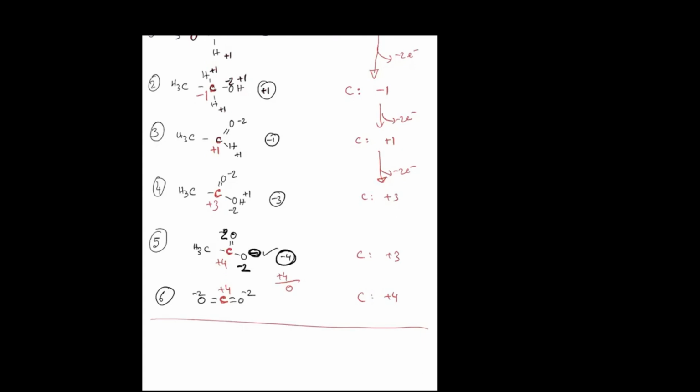So to make that negative, this +4 must be +3, so that I have a net -1, right? Okay. Got it? Yes, thank you. All right, okay.